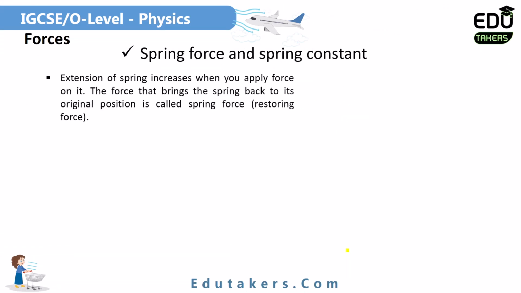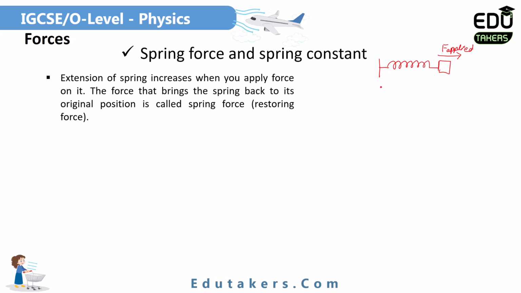Next is the spring force and spring constant. What is meant by the spring force? If I take any spring here and I attach a mass to it, then what will happen? If I apply a force towards the right, it is the applied force.